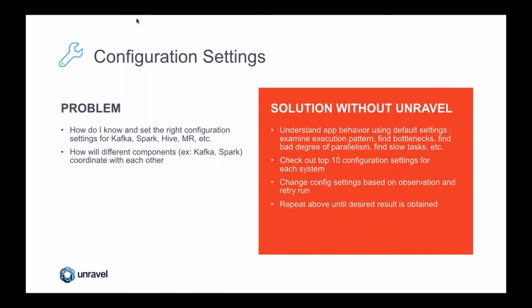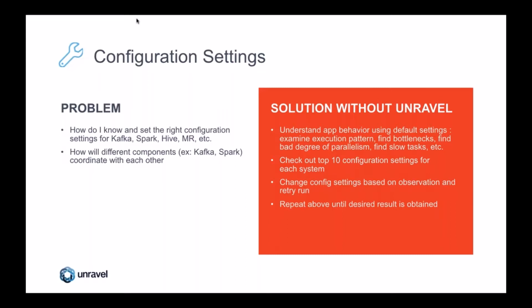Now, without a tool like Unravel that helps you understand and then recommend these settings, you would have to use a trial and error manual method to get these best configuration settings. The way you would go about solving this problem is you would first understand your application behavior by using a set of default settings that your cluster currently has.